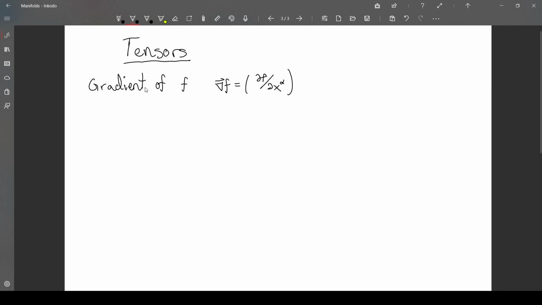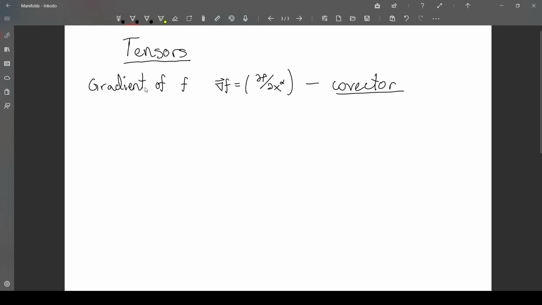Essentially, the components are the partial derivatives of f with respect to each of the coordinates. Now, this turns out to be a covector.